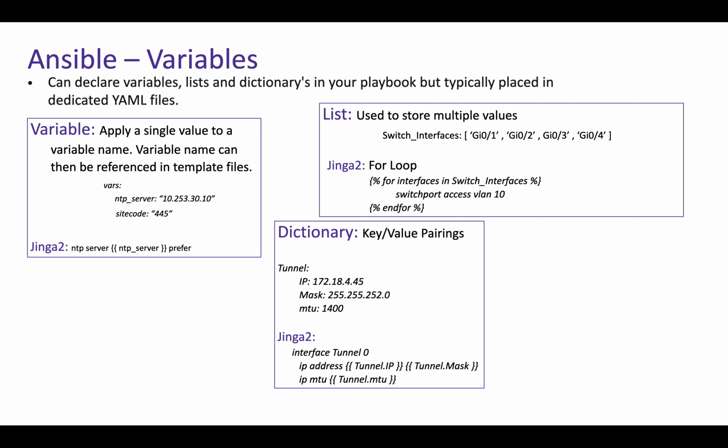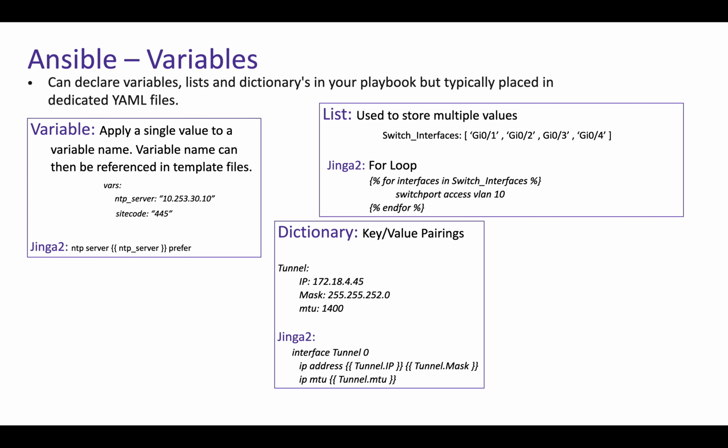And then your conditionals, like a for loop in this example in the box on the top right, we're looping through a number of interfaces and assigning them to access VLAN 10, for instance. And also you have your dictionaries, which are key value pairings, which I'll go into in more depth in a later video. So that's it for the overview.